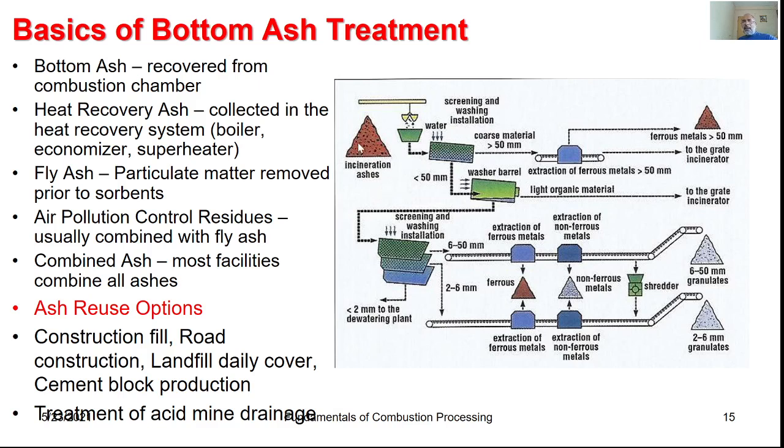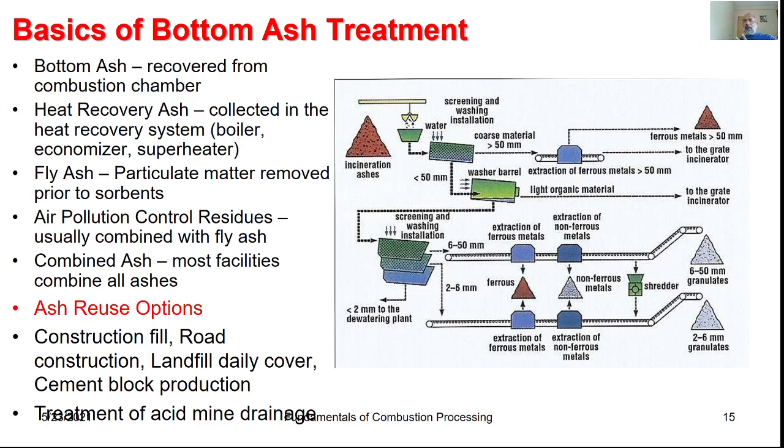So the ash would be collected, conveyed, screened, and it could be washed. Certain coarser contents would be separated. The coarser content having a size of more than 50 millimeters would be passed through magnetic conveyors so as to have the ferrous metals removed.